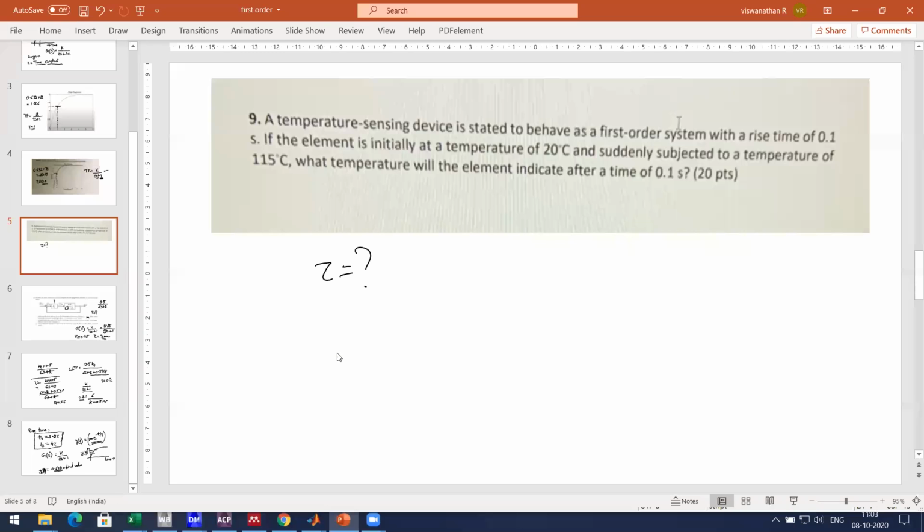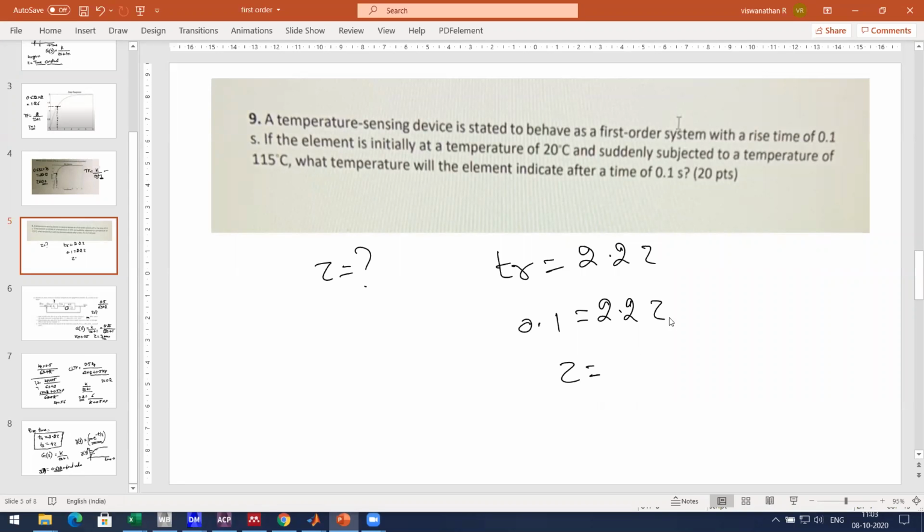How do you find out the time constant? So rise time is given. Rise time divided by 2.2 will be tau, sir. 2.2 times tau. So rise time is 0.1. Okay, 2.2 times tau.